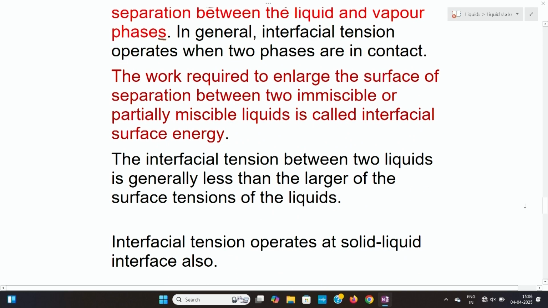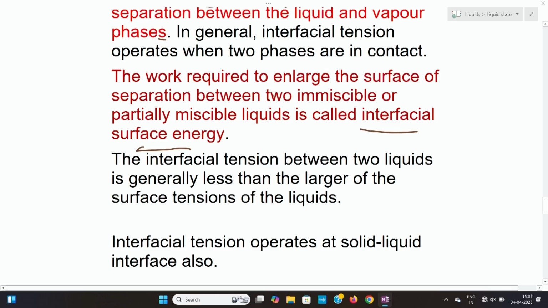Now, we have another term, that is interfacial surface energy. The work required to enlarge the surface of separation between two immiscible or partially immiscible liquids is called interfacial surface energy.